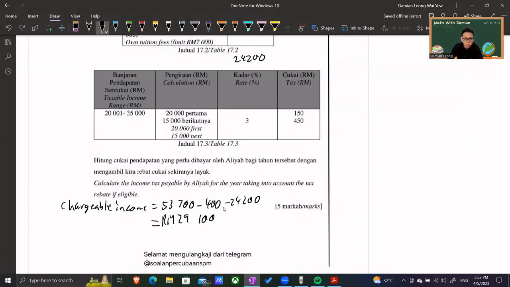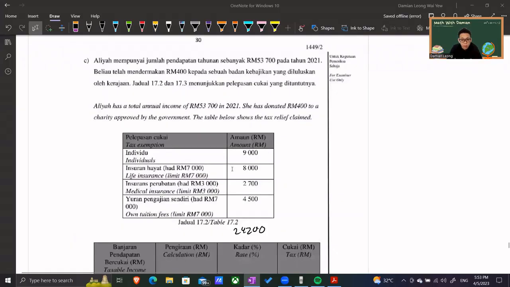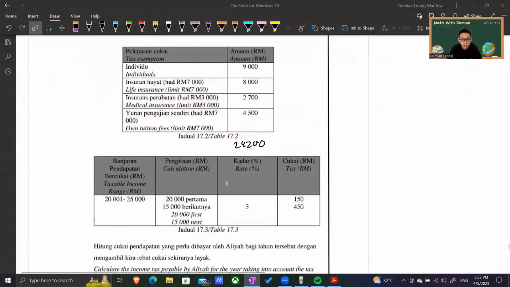So the tax payable, I take 150 ringgit for the first 20,000 plus 3% for the rest. 3% left over after 20,000 is 9,100. Okay, yeah. And from the chargeable income, my bad, there's a limit on this.